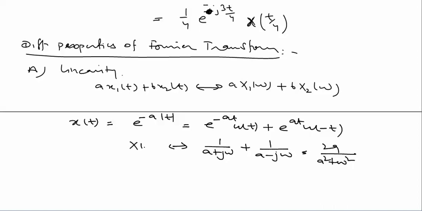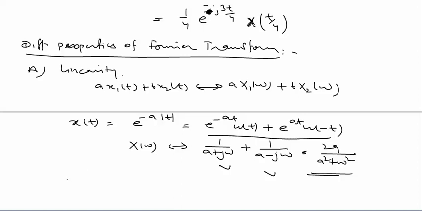The final Fourier transform of this pattern comes from the linearity property: individual terms are added and the result is the addition of these two.